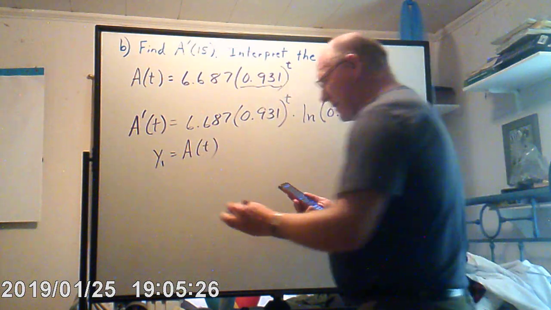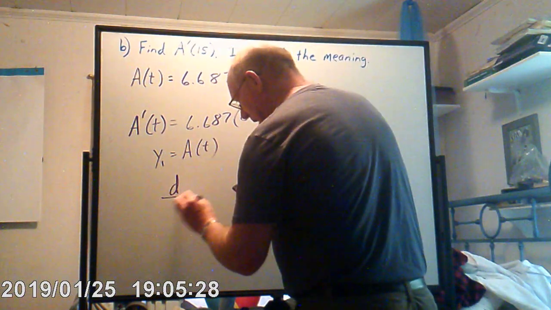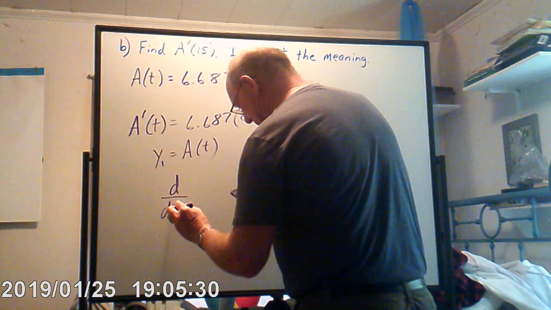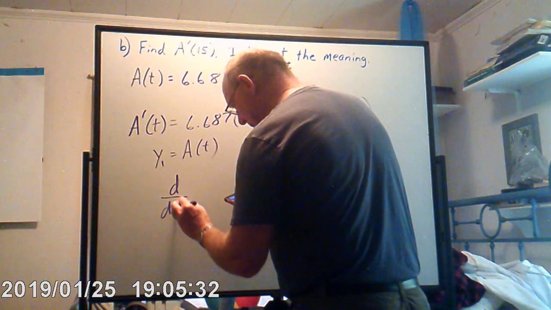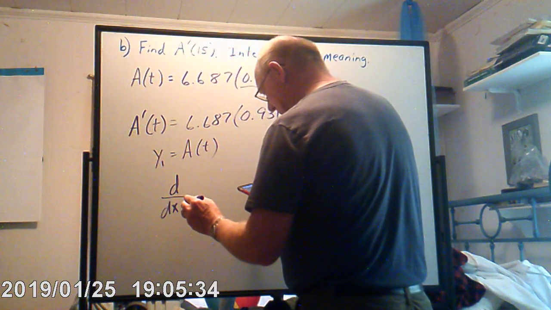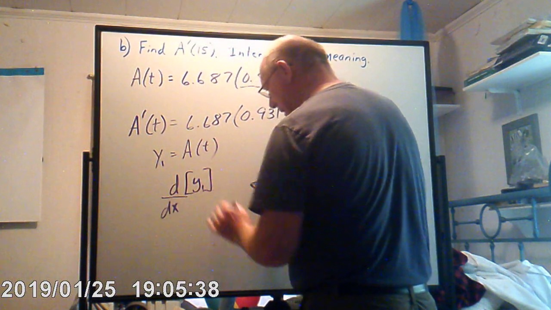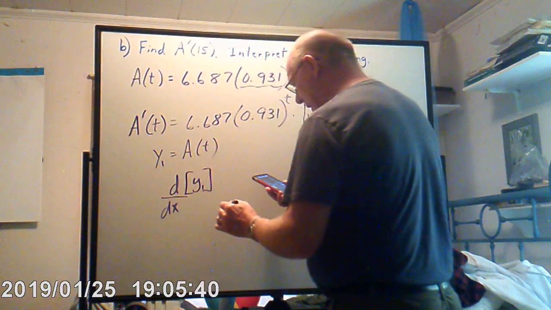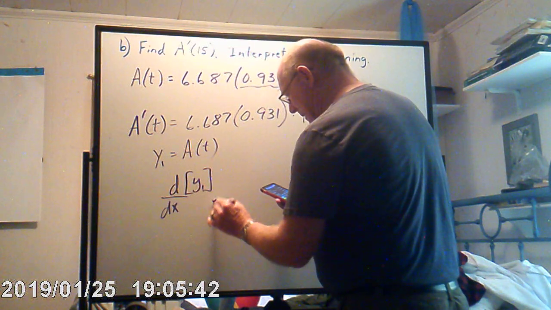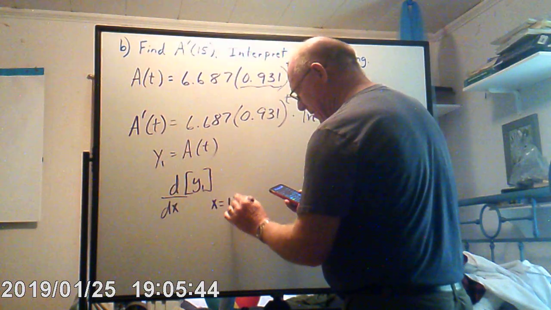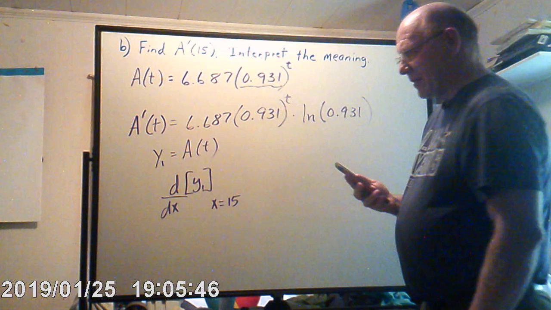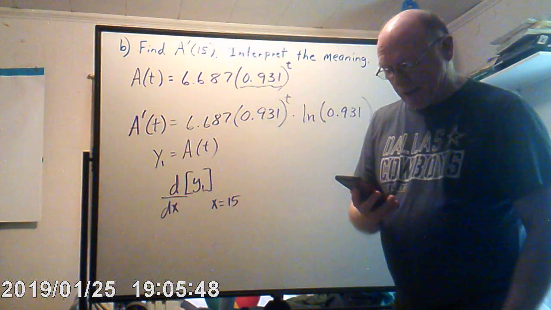It would be d, and in this case we are dealing with X, but we know that X is really T, and then of course Y sub 1, like that. And then of course it will have at the bottom X equals 15. Alright, it'll look like that, and that would be so much easier to do.